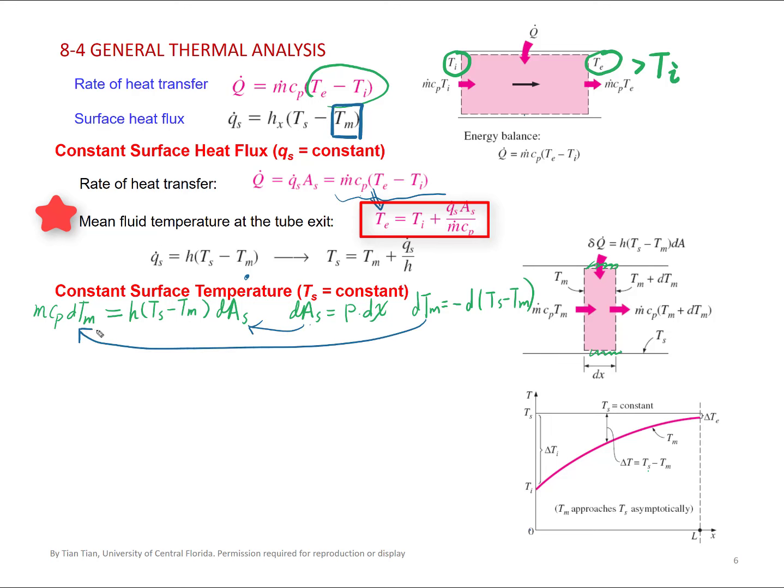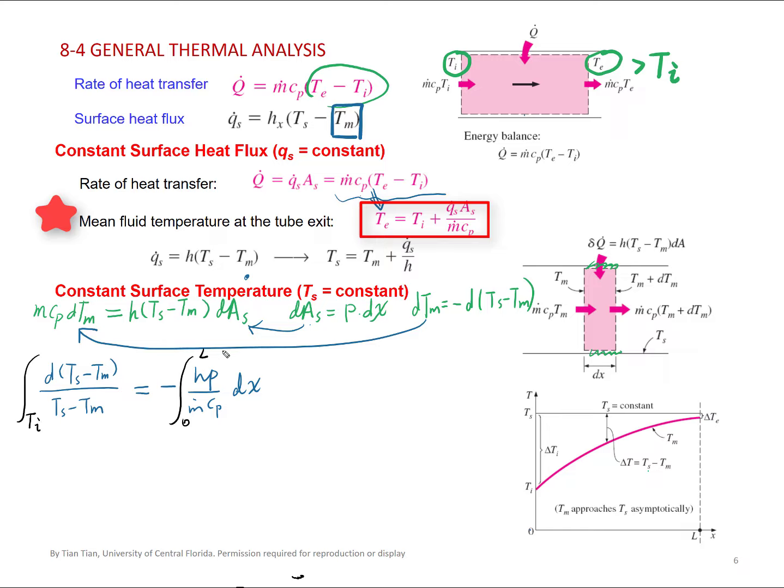Plug these two equations into this original equation and use separation of variables. We can have this. Let's integrate both sides of the equation. x increases from 0 to x is L. At x is 0, i.e. the inlet, the fluid temperature Tm is Ti.